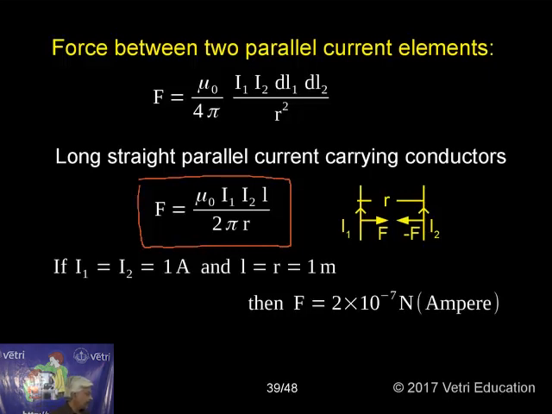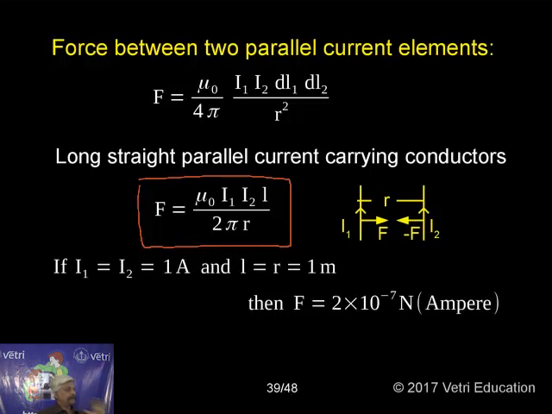If I1 is equal to I2, the current flowing through the first coil is 1 ampere, and the current flowing through the second coil is also 1 ampere. Then I1 is equal to I2 is equal to 1, and the distance between the two coils is also 1 meter. So this is also 1. Mu naught we know is 4 pi into 10 power minus 7.